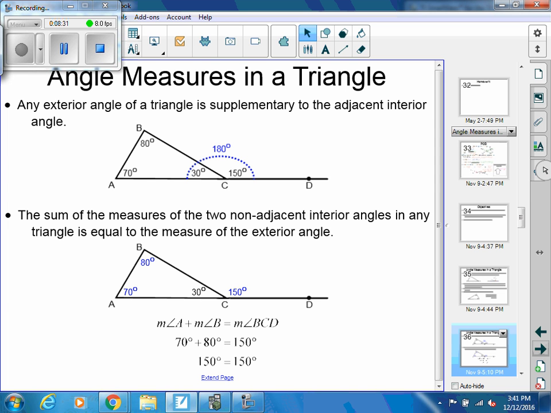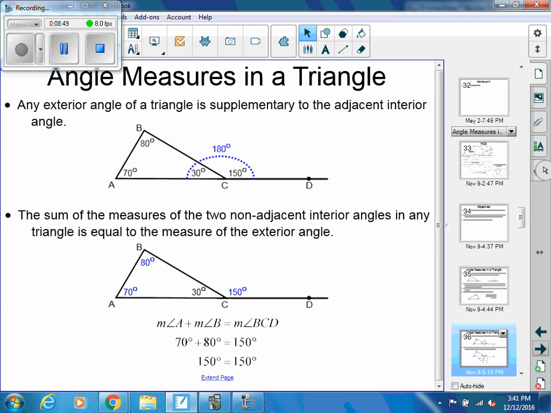Okay, angle measures, or exterior angles of a triangle. We're talking about an angle on the outside of the triangle if we extend one of the sides. Any exterior angle of a triangle is supplementary to the adjacent interior angle.